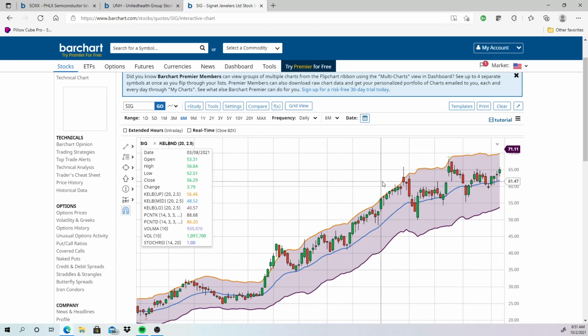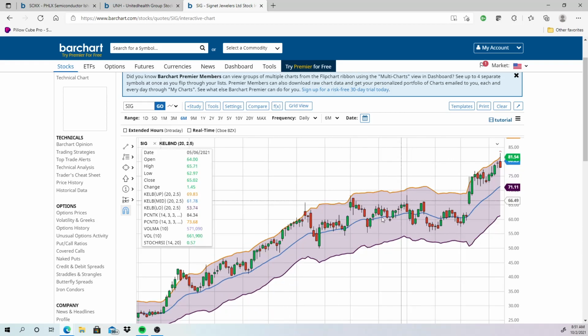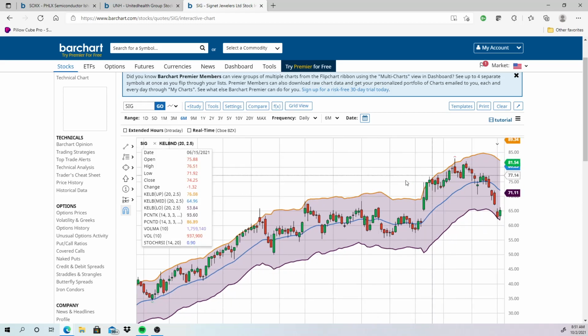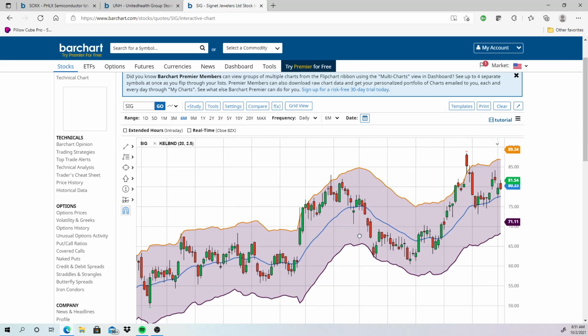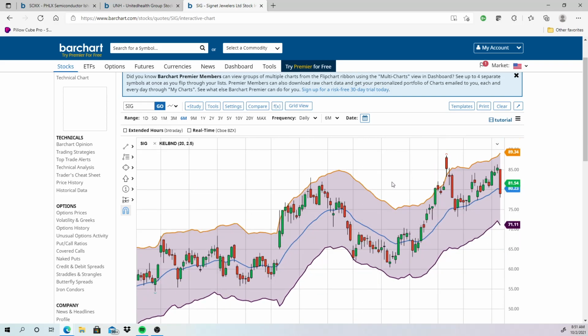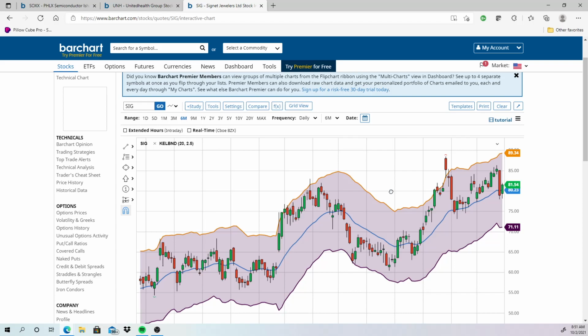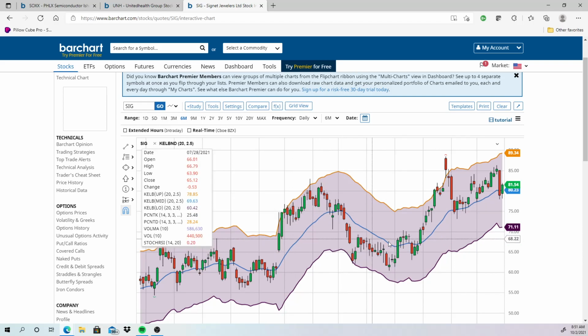It starts to kind of want to get into stage 3, but bounces right off that, so it's really not. Consolidating slightly higher, and we're still kind of in stage 2. It hasn't really formed that stage 3 reversal, but it has started to consolidate. We've got our ranges here. It could get a little choppy and it could start to break down, but we will see.